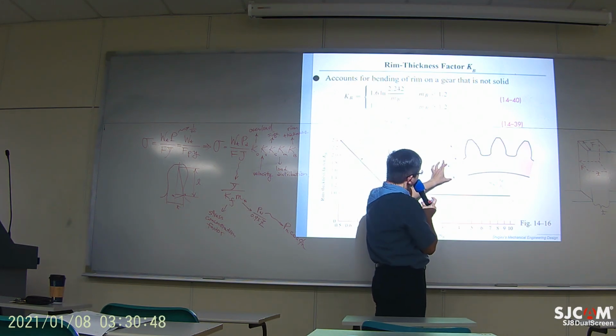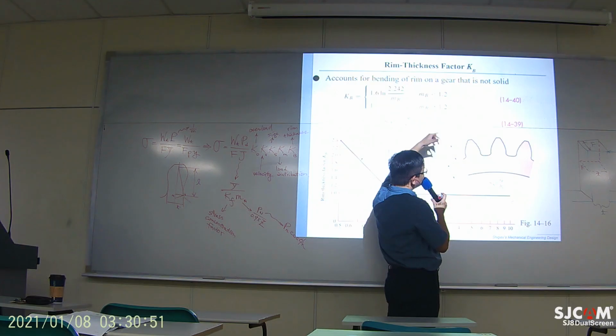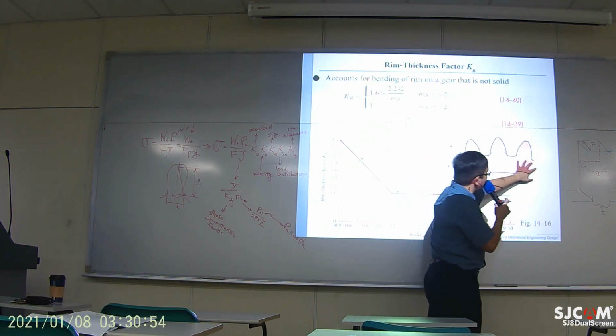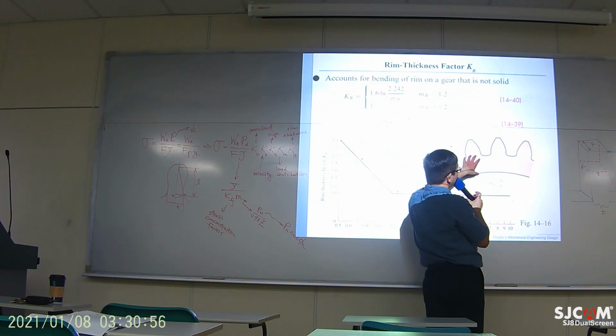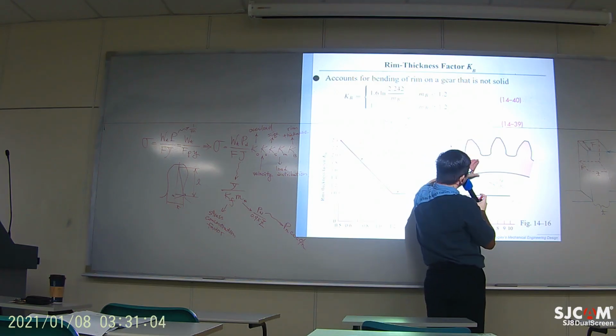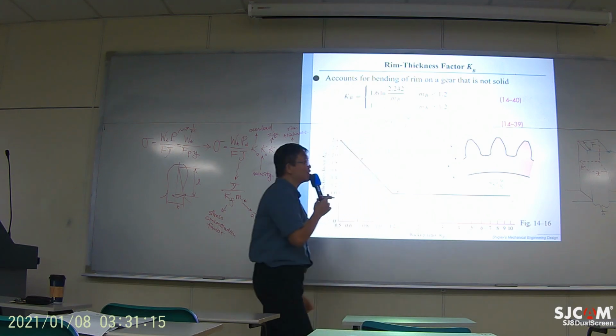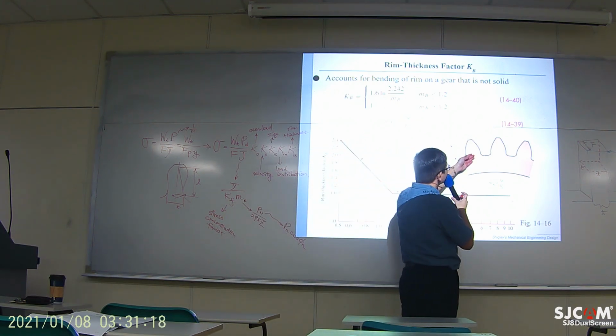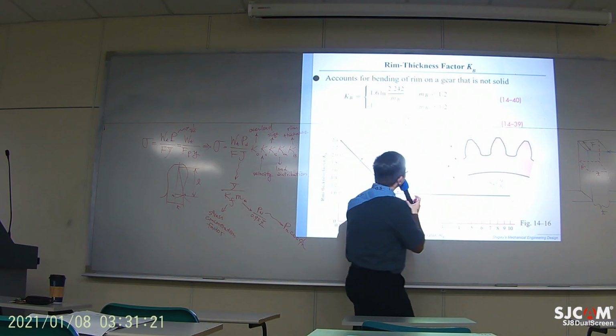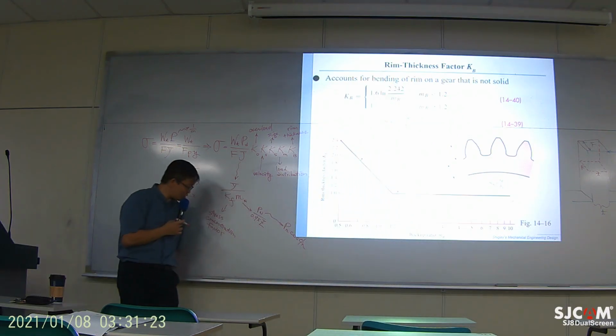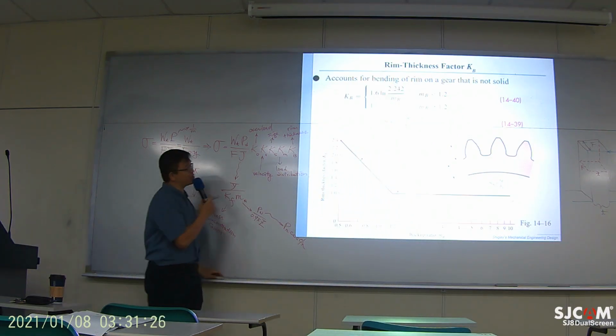But if this is shorter than 1.2, in that case, the body of the gear is almost the same size as your tooth. It's like 1.1, like a 1-to-1 ratio, or even smaller. Then the stress will be distributed into the rim, and because it's a weaker body, the tooth needs to carry more stress. That's why you have this correction factor due to the ring geometry. Okay?